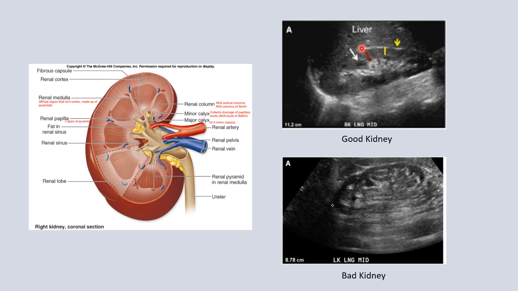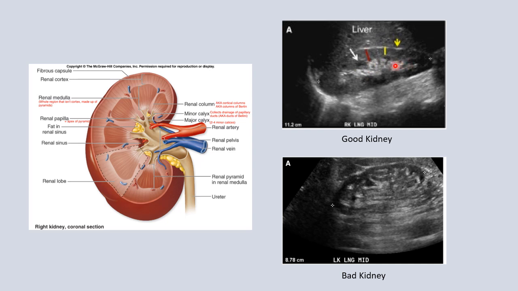So this red line here can be considered the renal parenchyma. So it goes from this echogenic fibrous capsule down to this echogenic renal sinus. So the sinus, if you remember, contains fat, and fat shows up as echogenic on the ultrasound.